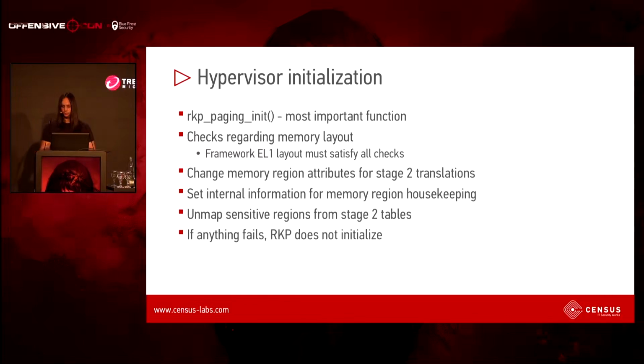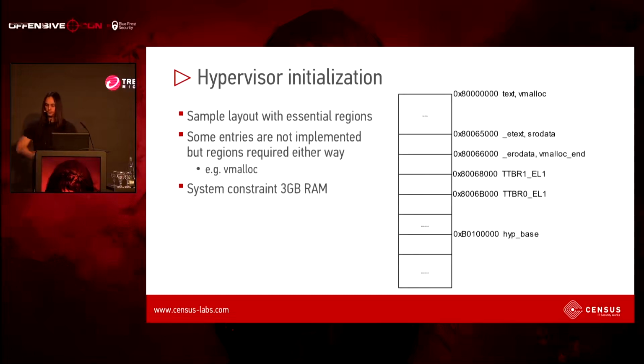It unmaps sensitive regions from stage 2, so they are no longer accessible from EL1. And each and every one of these steps must be successfully executed, or else RKP does not initialize, and we can no longer invoke HVC. This sample layout: some entries are not supported by functionality in our framework, for example, the vmalloc range.